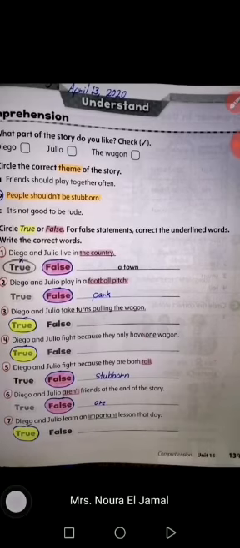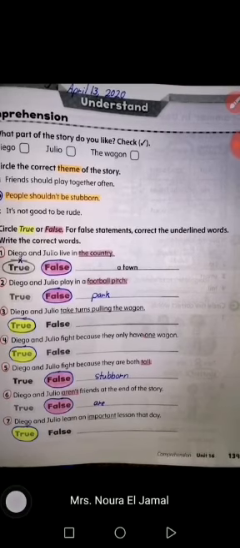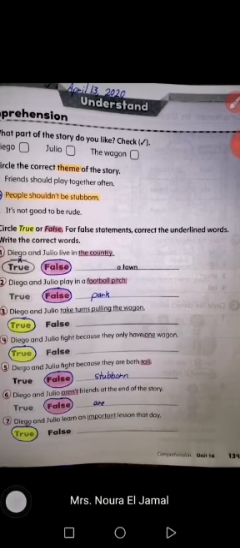The correct one. 3. Diego and Julio take turns pulling the wagon. True. Number 4. Diego and Julio fight because they only have one wagon. Yeah, true. Number 5.